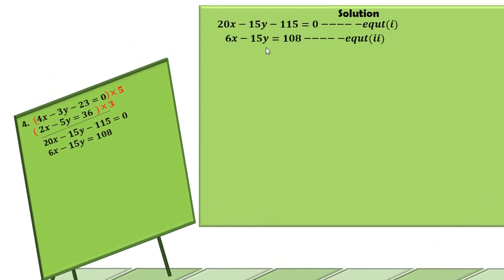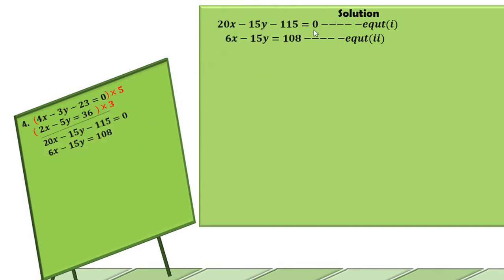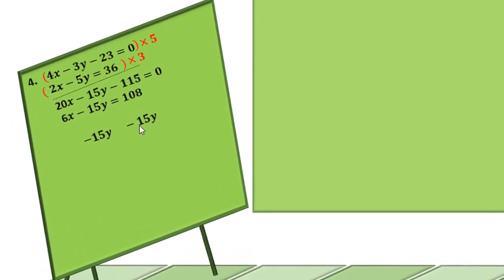What I'm having here is what I will be writing out here. We'll form equation 1 and equation 2. So let's bring this out. Minus 15y, minus 15y. What is to be used to eliminate them? Is it plus or negative? Negative will eliminate it. You can try plus, but plus would not.